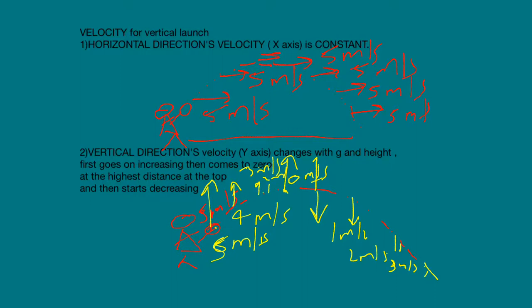So first it goes on decreasing, then comes to 0, then again starts increasing while coming downwards. So this is the rule which you have to remember for vertical velocity.